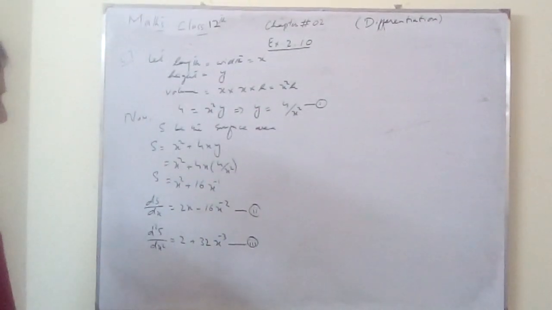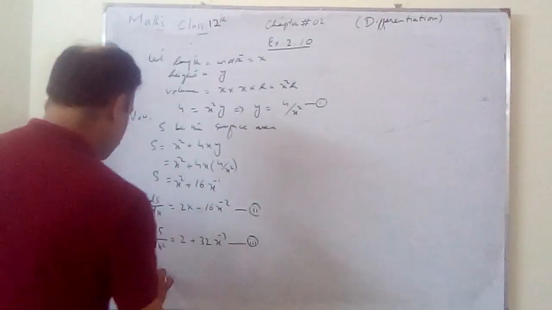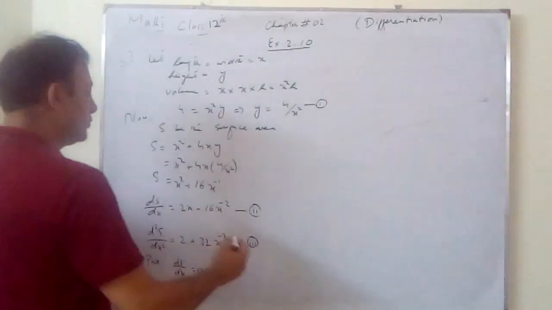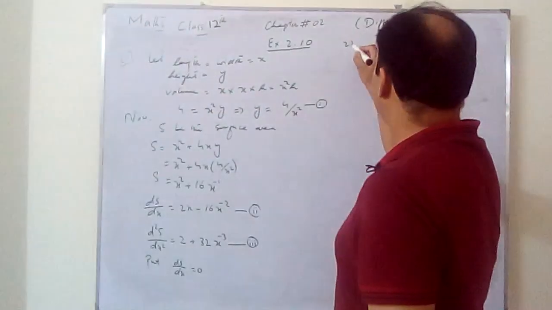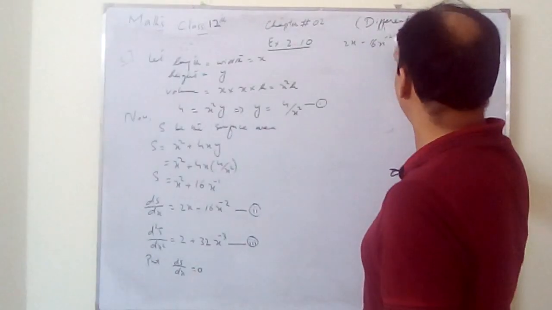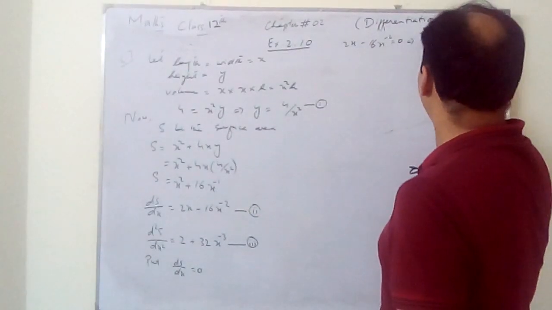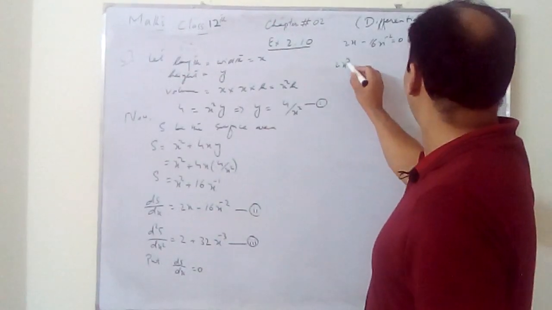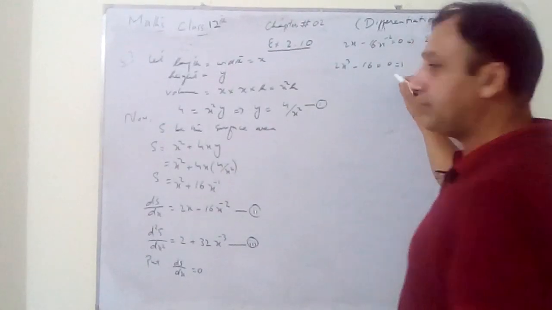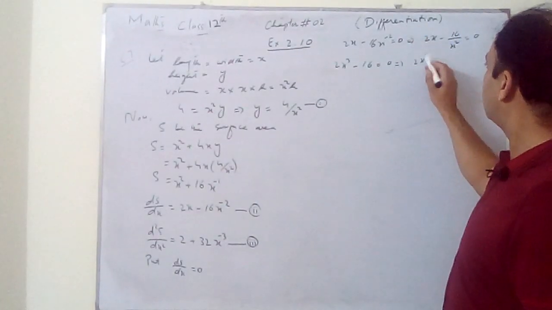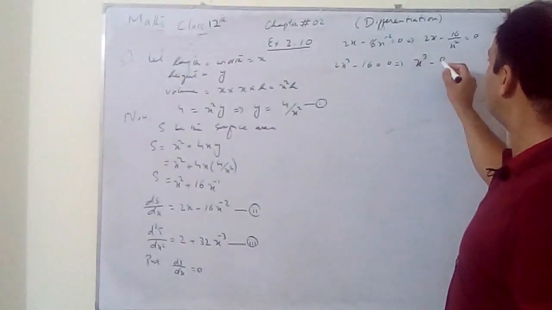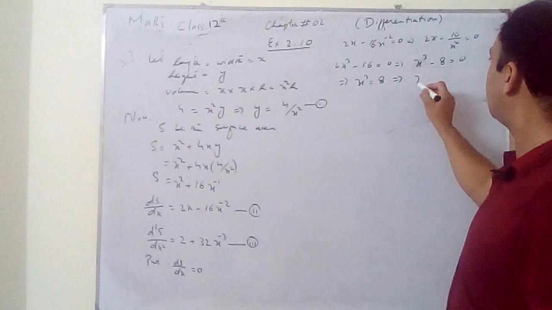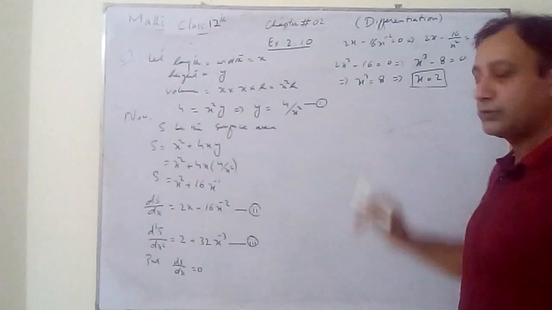Now putting the first derivative equal to 0, 2x minus 16 x power minus 2 is equal to 0. This implies 2x minus 16 divided by x square is equal to 0, or 2x cube minus 16 is equal to 0, so x cube minus 8 is equal to 0. x cube is equal to 8, which implies x is equal to 2.